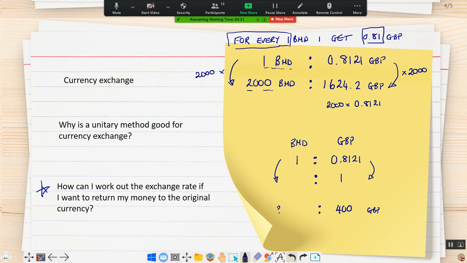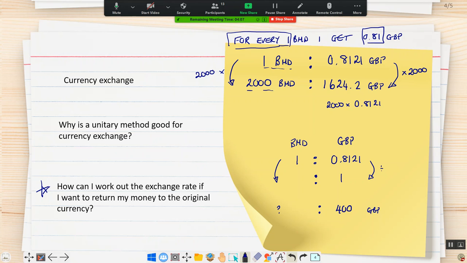Well, I guess you could... There's an easier way, I guess. If $1 equals 0.8121, then you can add. We're not going to add anything. That does a different thing.